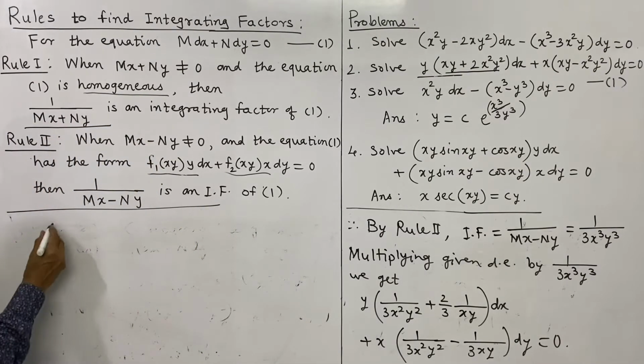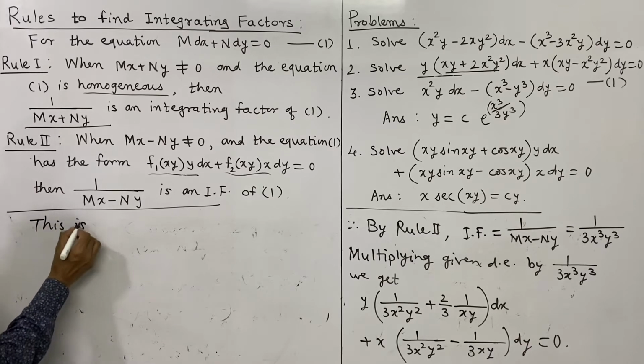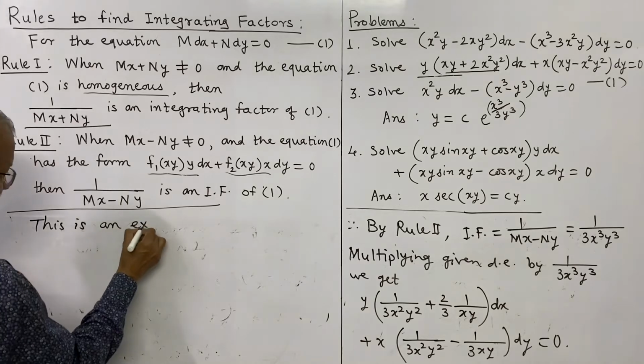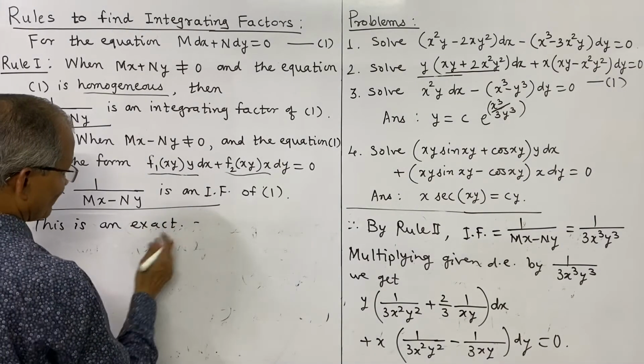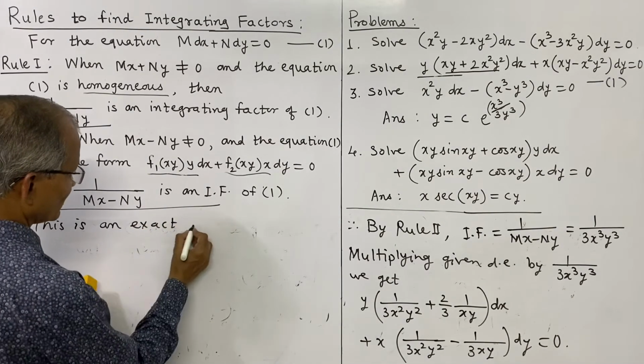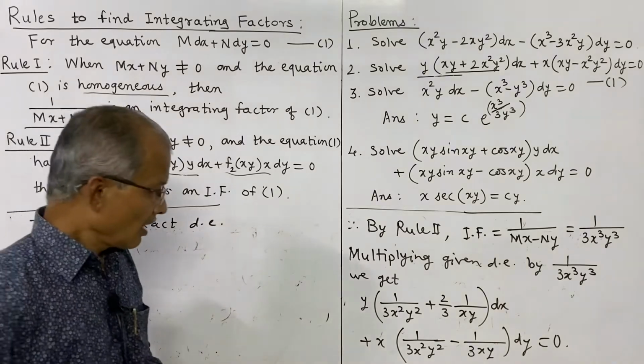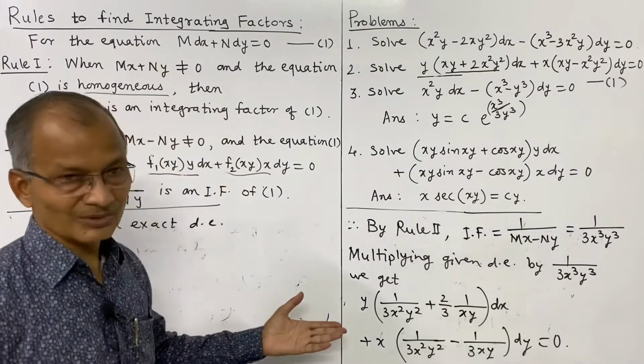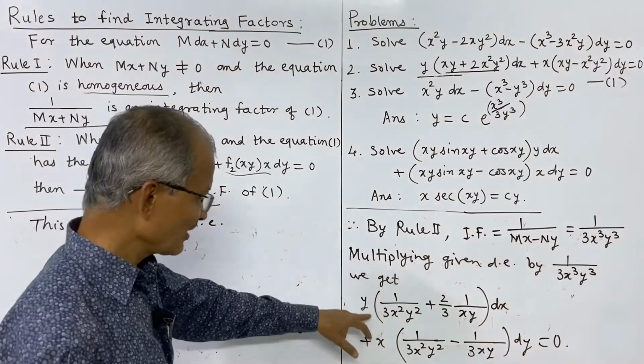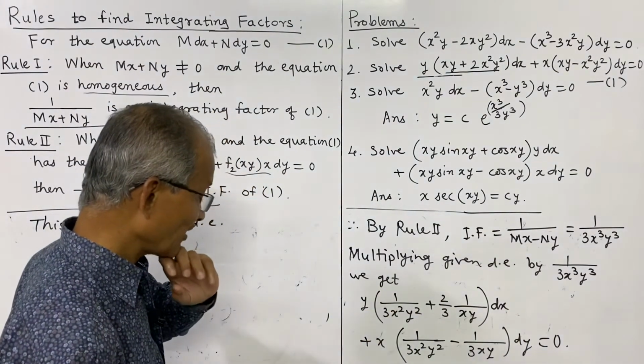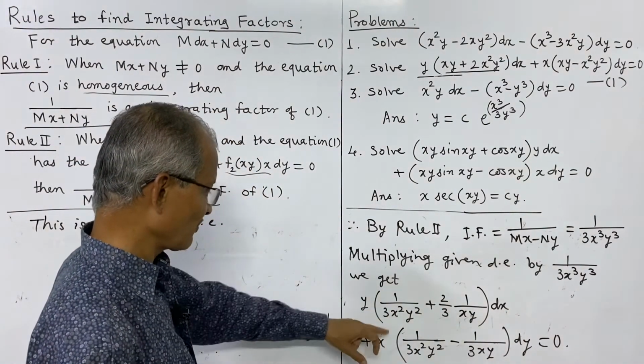This is an exact differential equation. I shall write in short form, and if you want to check this, what is the partial derivative of this with respect to y, that is to be obtained.